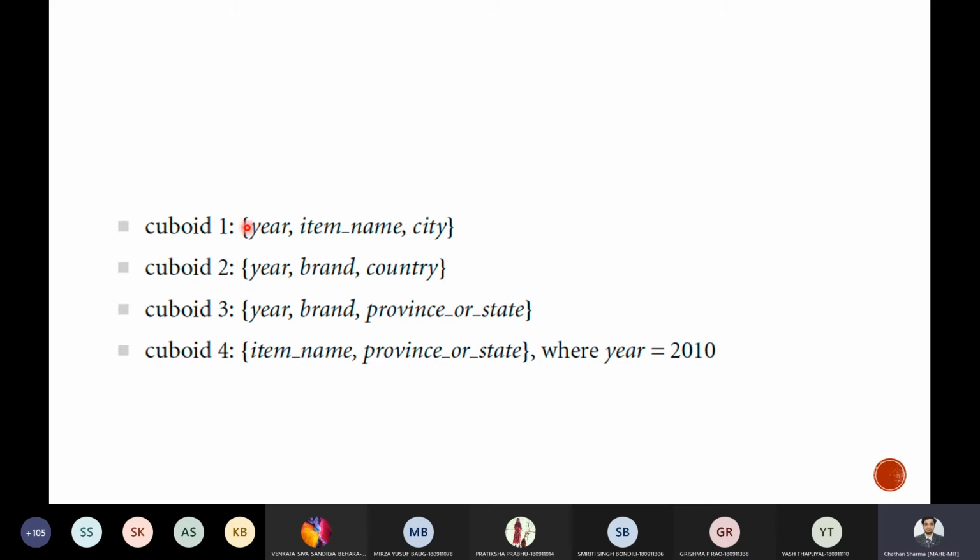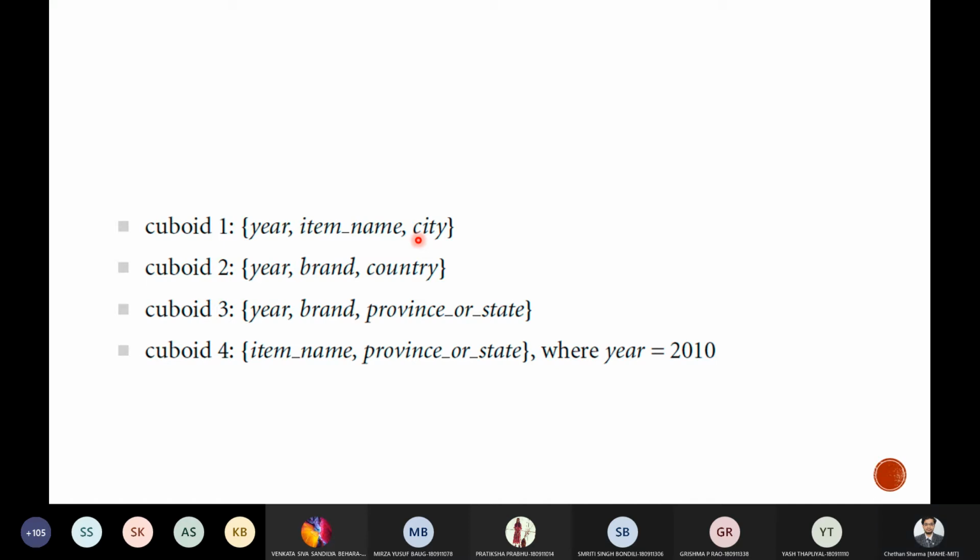So the user, or you yourself, are likely to use cuboid 1 because both item name and city are at a lower level when compared to brand and state.